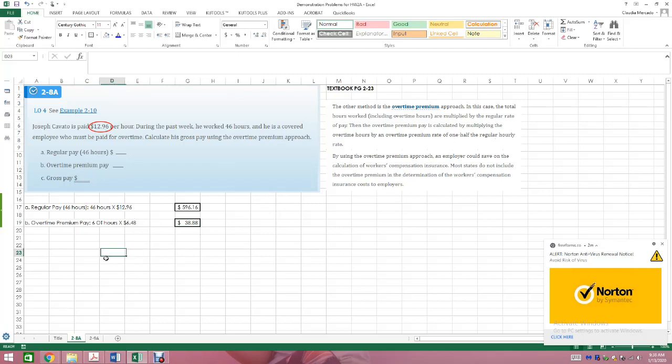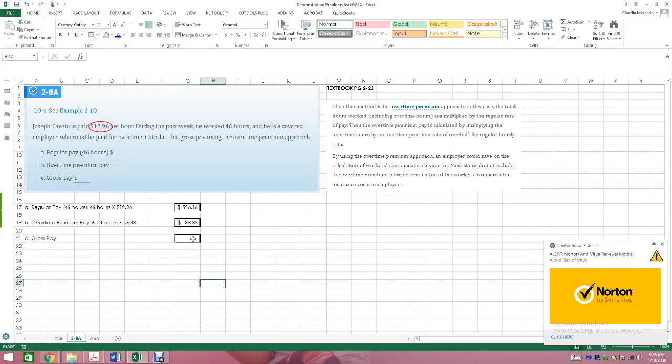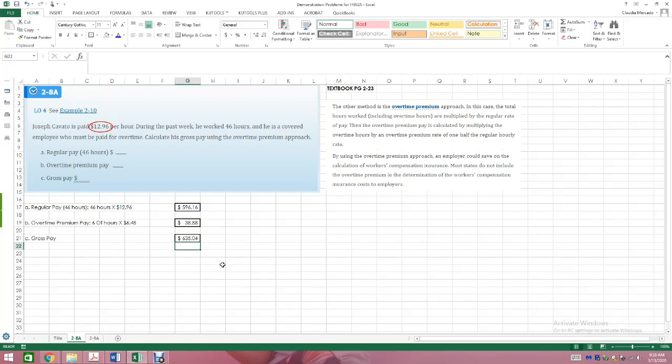Okay, and then letter C, gross pay. How much is this employee going to get paid? Well, we're going to add the $596.16 plus the $38.88. I'm going to add those together, and that gives me $635.04.